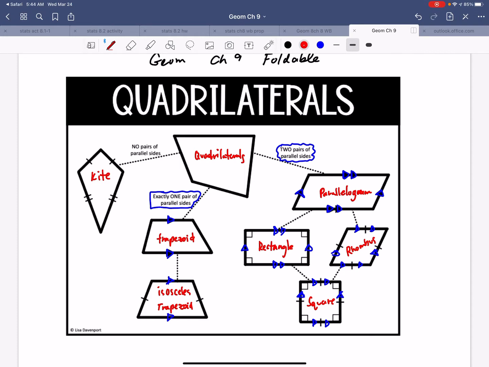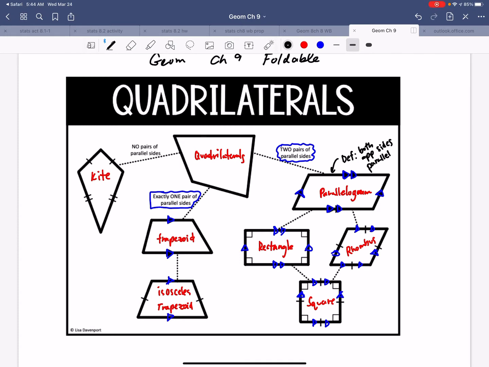So if we think about it, the definition of a parallelogram is this definition right here. Two or both opposite sides parallel.